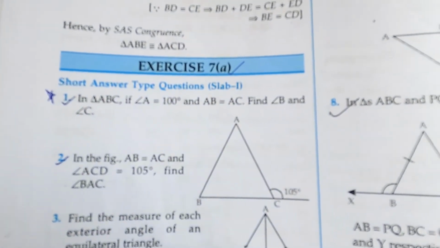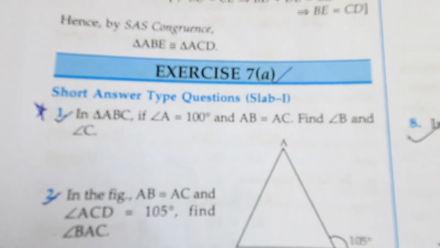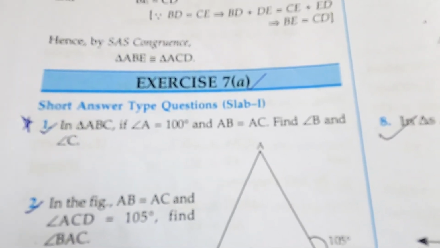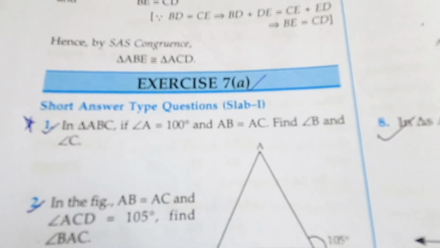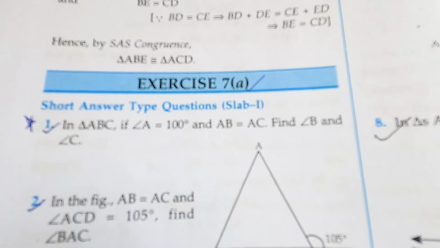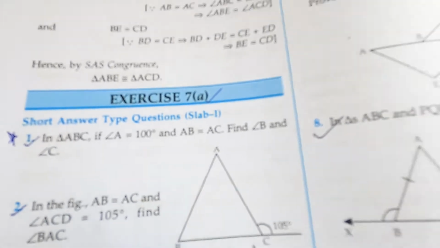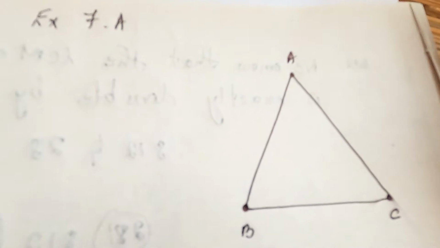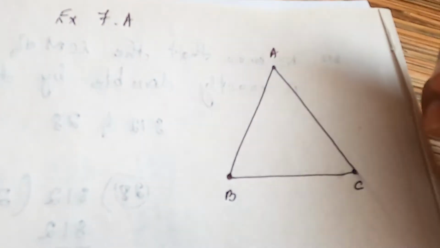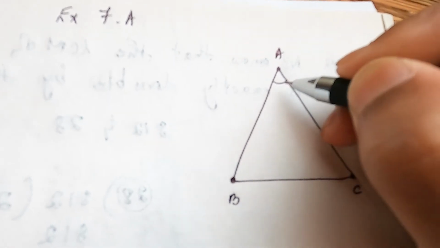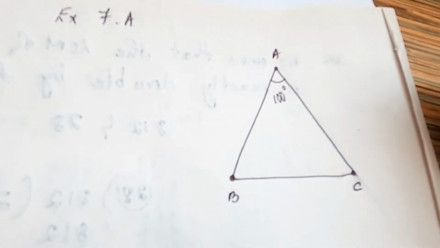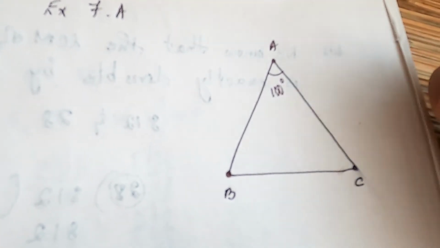Alright students, so we'll be starting with exercise 7a, question number 1. In triangle ABC, if angle A is 100 degrees and AB is equal to AC, find angle B and angle C. So we have triangle ABC, and angle A measures 100 degrees.